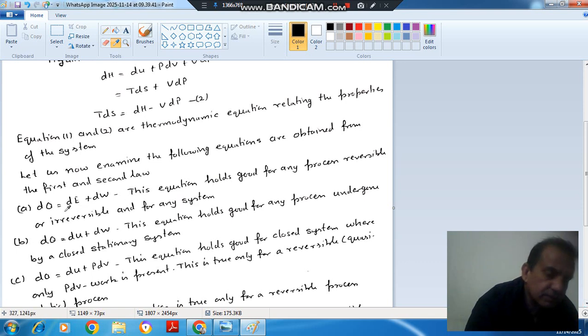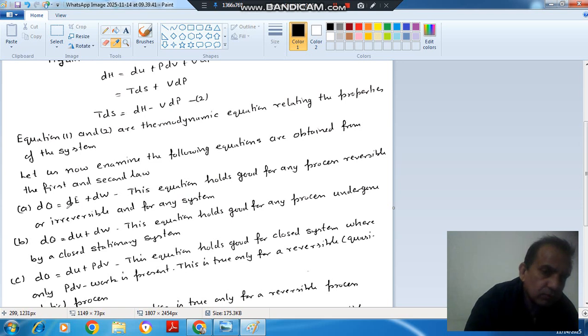From the first law, the basic law, we have dQ is equal to dE plus dW. This equation is valid for any process, reversible or irreversible, and for any system. So this is your basic first law.